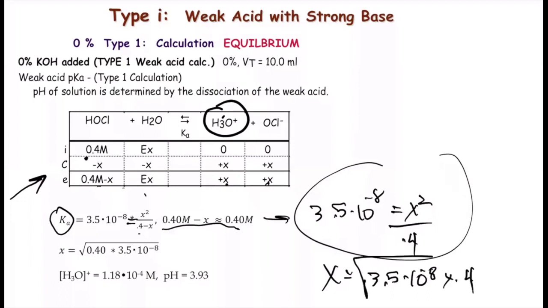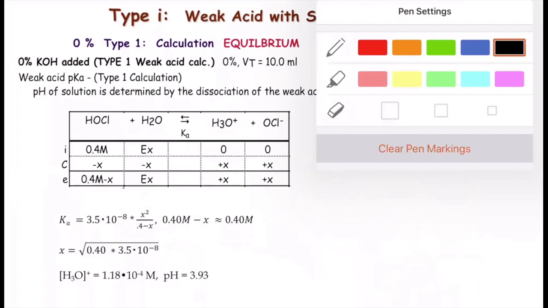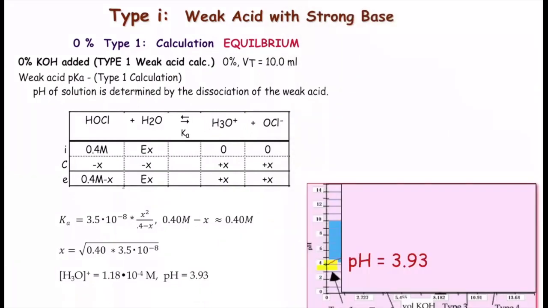Hey, that's just the equation that I gave you initially. When you do that math, it comes out to 1.18 times 10 to the minus 4. And if you take the negative log of that, you get a pH of 3.93. So that's our first data point. You see that here, 3.93. That's our starting point.